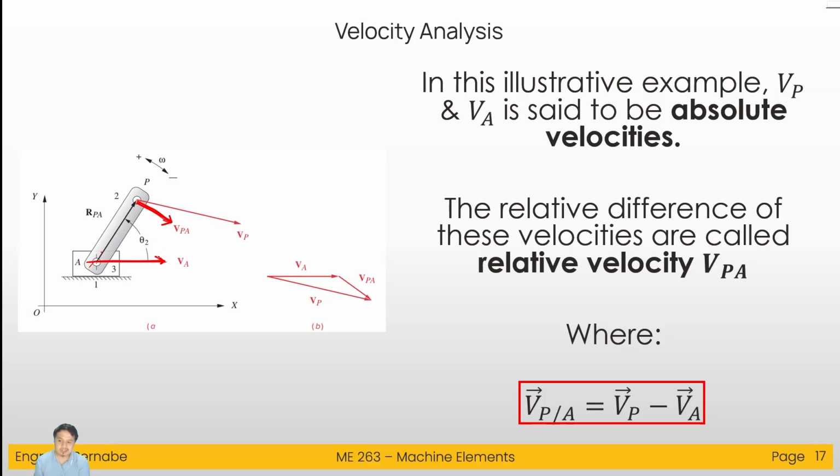their relative velocity will be the difference of these two velocities. Actually, they should be vectors. It is not really shown here, but it is in boldface. Just remember that when it is in boldface or has a sign like this, it means vector. The difference in their vector velocities will be their relative velocity.